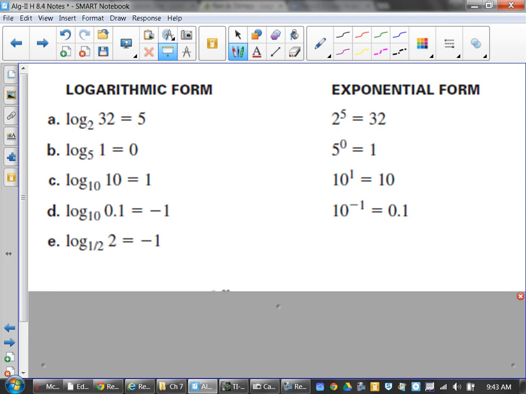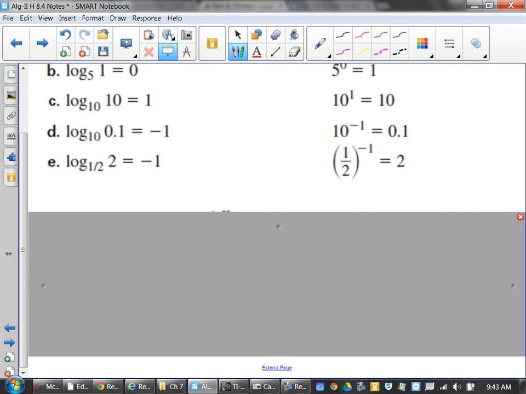Log base a half of 2 equals -1. 2 to the -1 power is a half. And 1/2 to the -1 power is 2, because it flips it. Wouldn't it be true the other way though? 2 to the negative, yes, but then your base would be different.